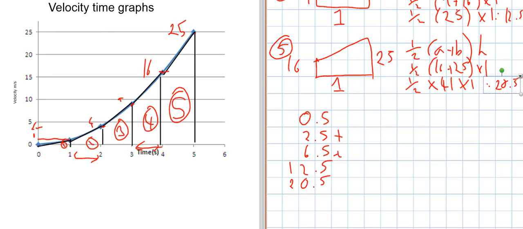Add these all together. So 5 plus 5 plus 5 plus 5 plus 5 is 25. Put the decimal point in the line. 2 plus 2 is 4, plus 6 is 10, plus 2 is 12. 2 carry the 1. 1 plus 1 plus 2 is 4. So my total area is 42.5 metres.